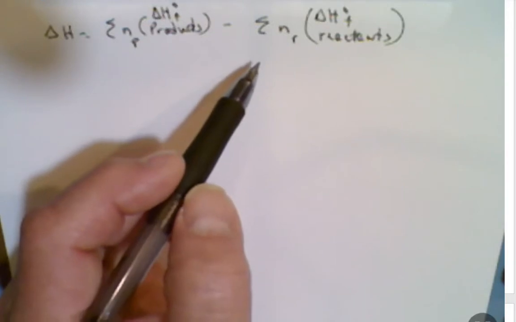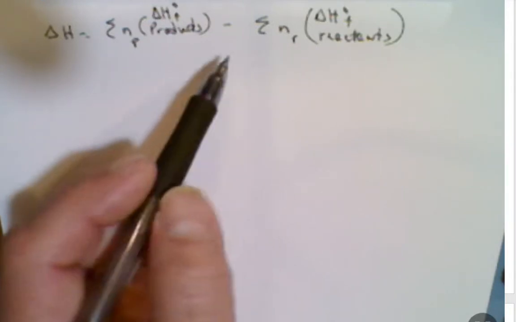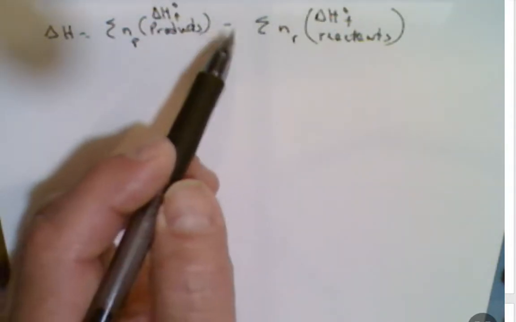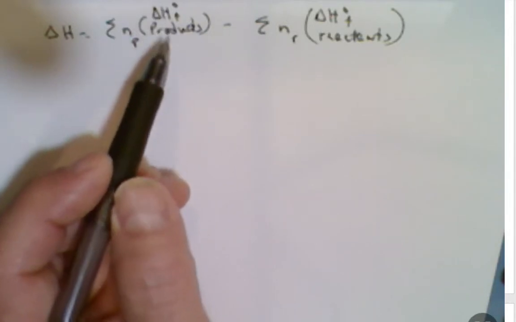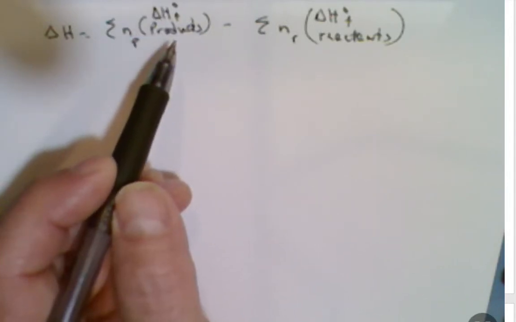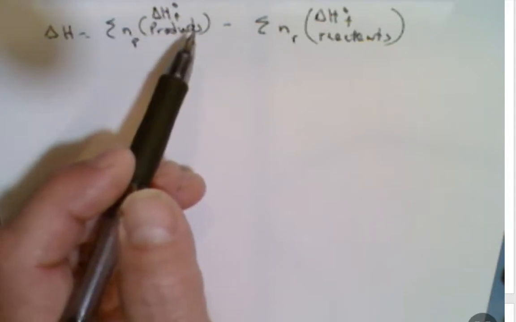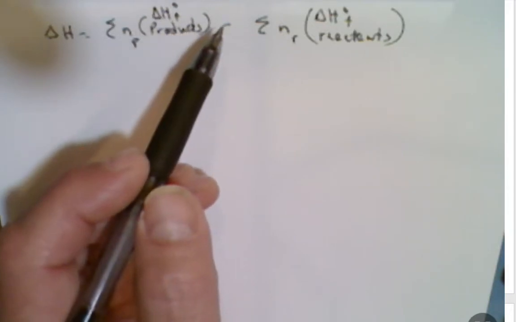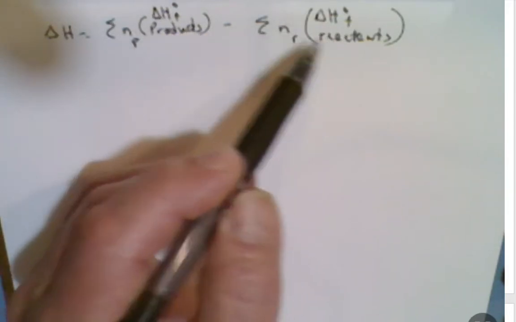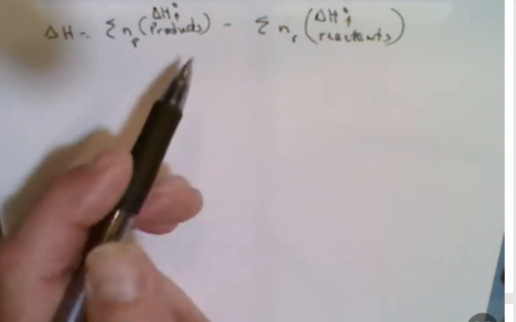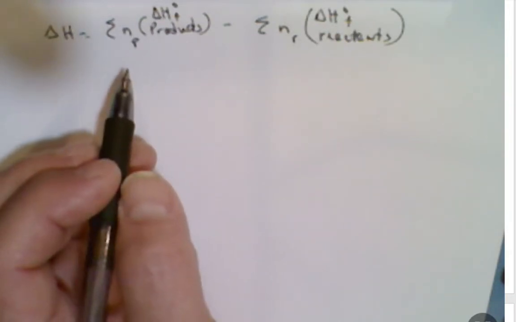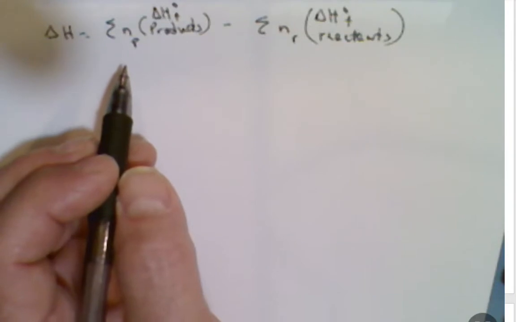Now, if you're like me, the most difficult thing about doing any of these is keeping my negative signs straight, because my delta H's of formation are going to have negative values, and I'm adding negative values together, and then I'm subtracting another set of negative values. And so you have to keep track of the sign of your equation. So let's walk through this.